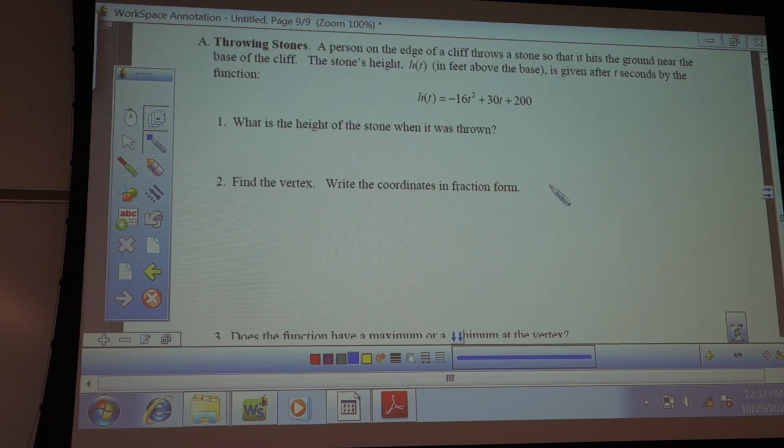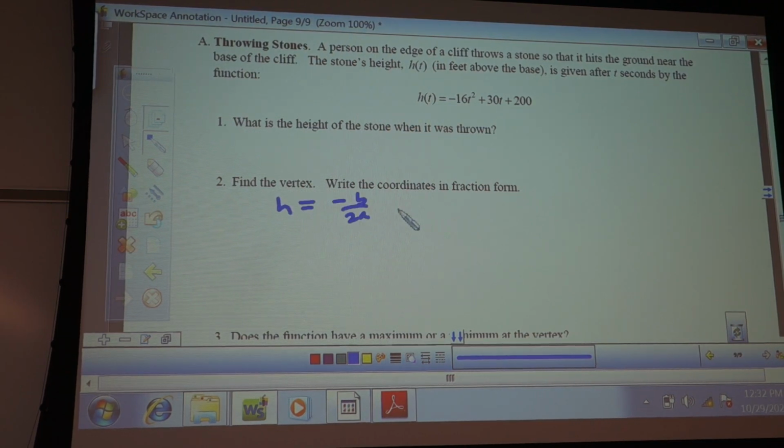Vertex, my h is equal to negative b over 2a, which is negative 30 over 2 times negative 16. It'll end up with positive 30 over 32, which as a decimal, give me like 3 decimal places.